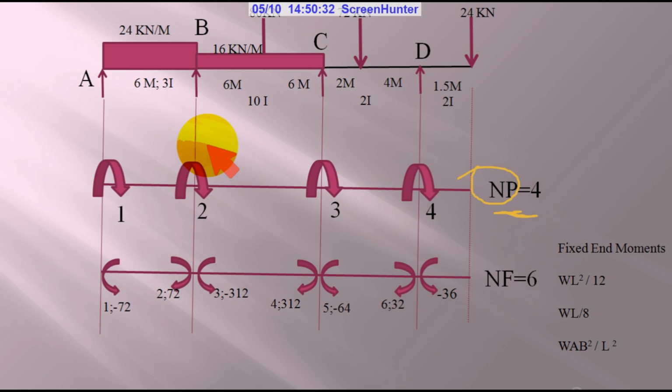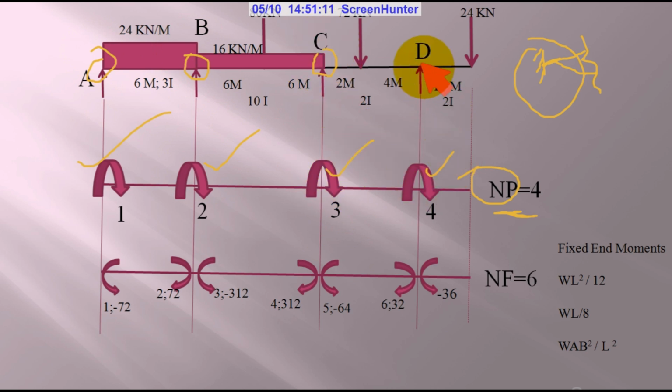So in structural analysis, one thing you have to take note of is if this is fixed support, then rotation at fixed support will not be there. Apart from fixed support, roller support or hinge support or simple support, rotation will be there. So in this case, this is the first rotation at this support, this is the second rotation at this support, this is the third rotation, and this is the fourth rotation.